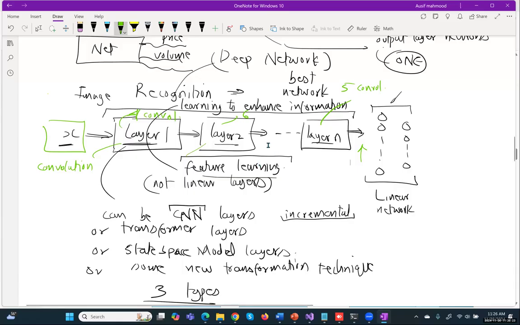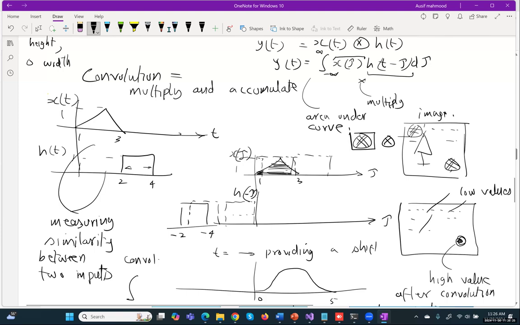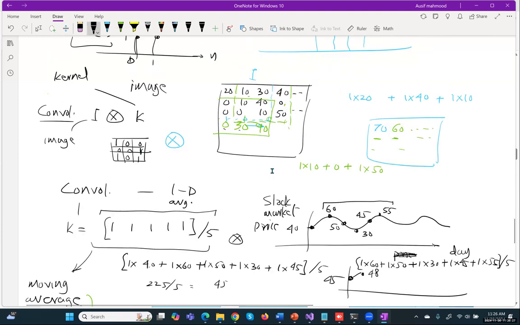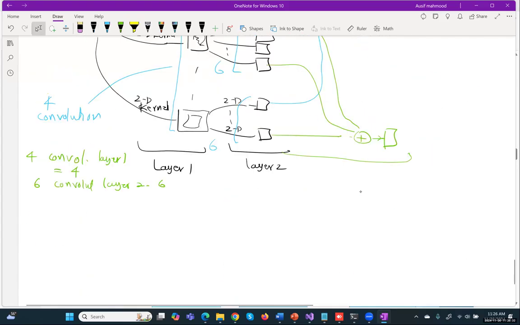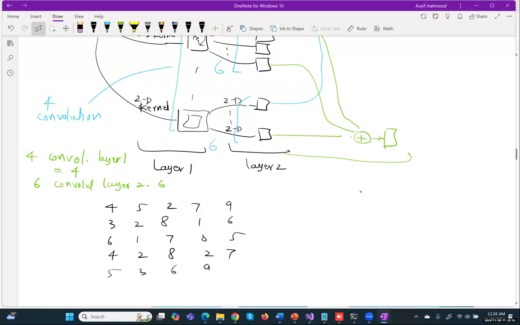Now, as we apply convolution, the size of the image keeps getting reduced. Let me show you why. Suppose you have an image with the pixels 4, 5, 2, 7, 9, 3, 2, 8, 1, 6, 6, 1, 7, 0, 5, 4, 2, 8, 2, 7, 5, 3, 6, 9, 1.